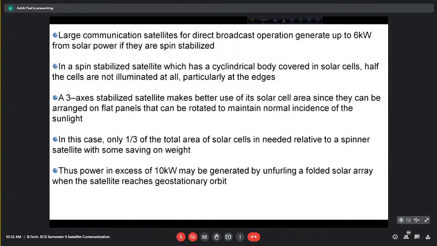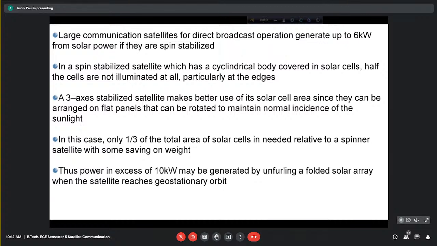Instead, a 3-axis stabilized satellite which makes use of momentum wheels makes better use of the solar cell area.